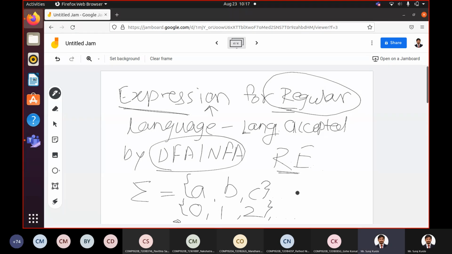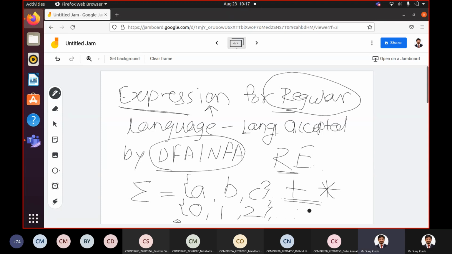Then the operators plus and star. Star is for repetition: how many times we are repeating an alphabet or a set of alphabets. In the same way, plus is used to denote an or condition.